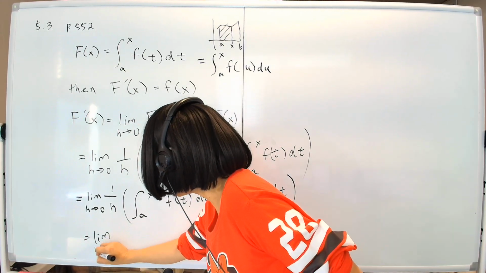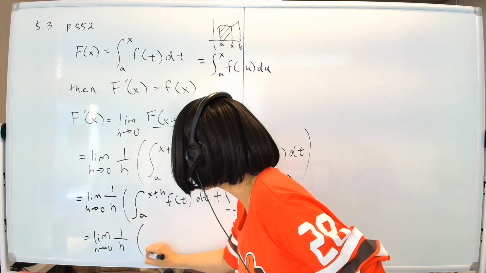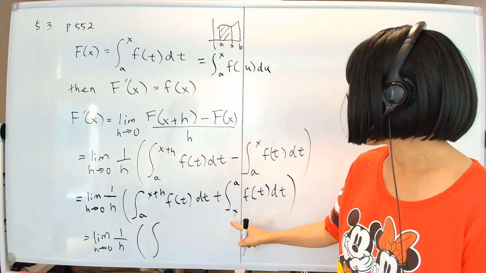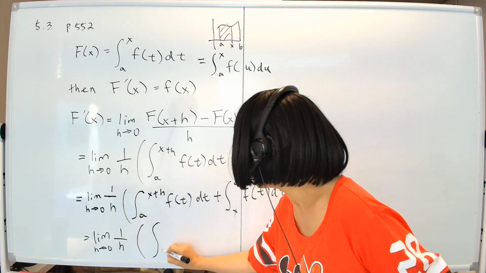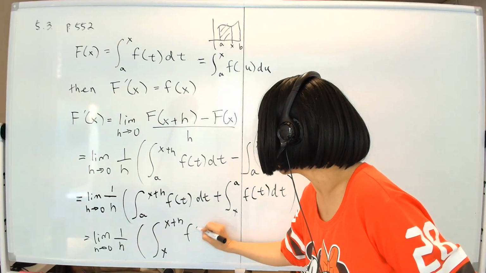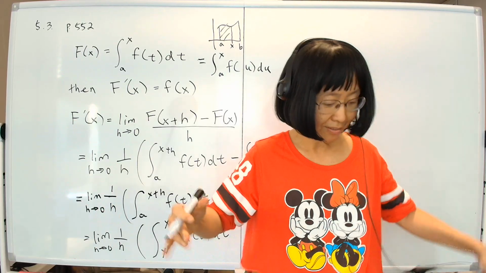So the limit h approaches 0 of 1 over h, that doesn't change. Now we have only one integral left, big improvement, which goes from x to a to x plus h, or from x to x plus h, applying the rule that I just showed you. I copied it from the book, so it's in the book somewhere.